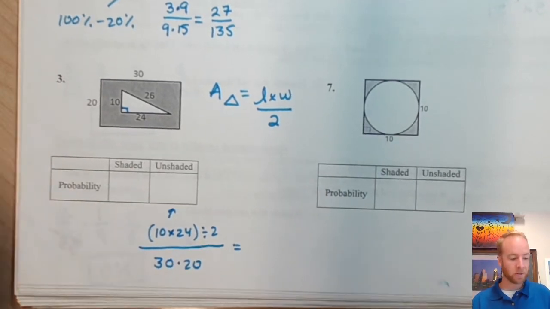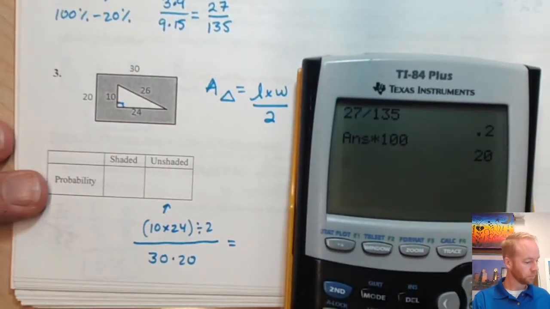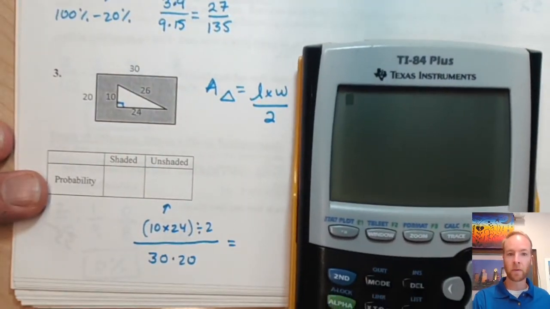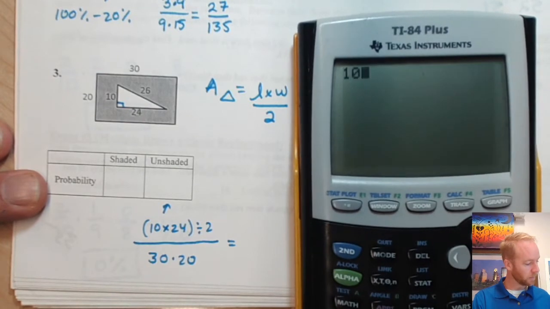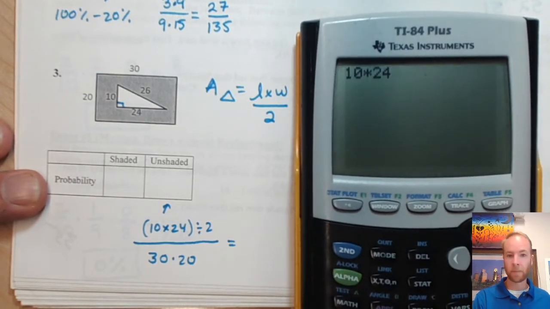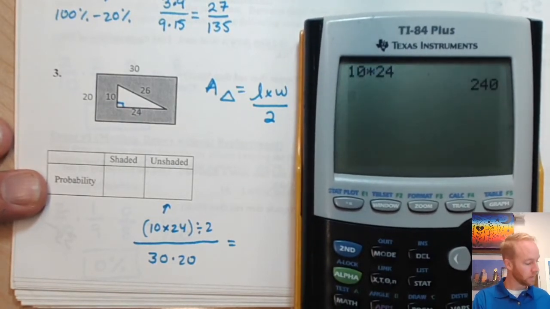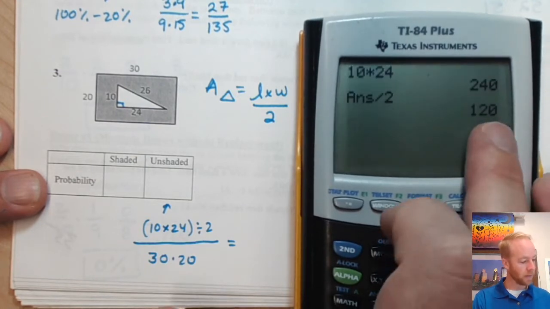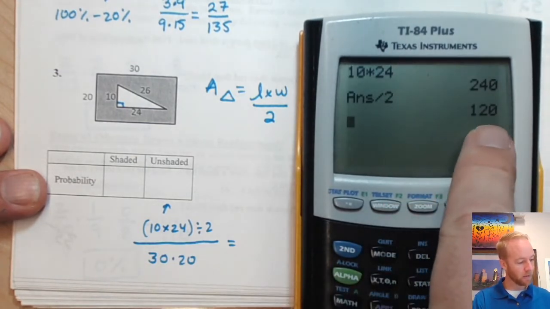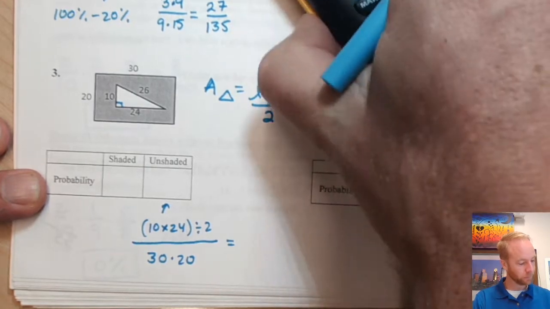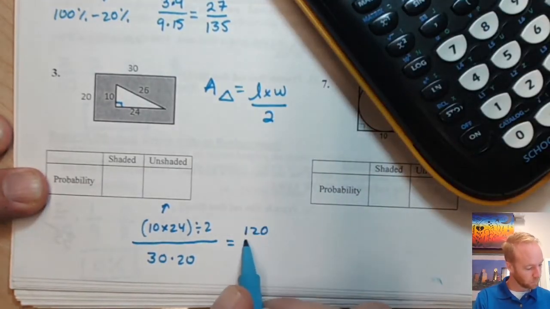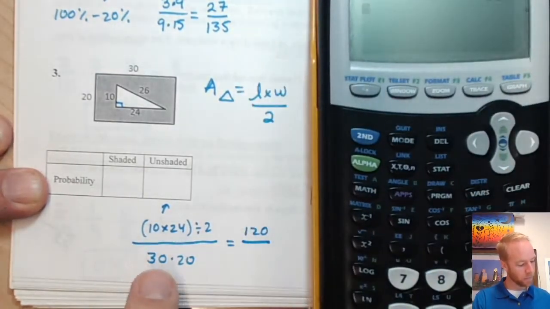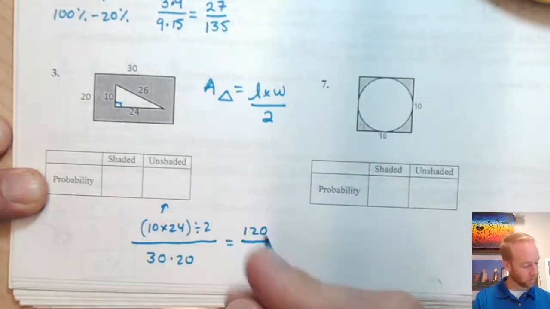So let's make a fraction. I do 10 times 24, enter, divide that by 2. That's the numerator, the area of the triangle. And then 30 times 20, I could do that without a calculator. That's 600.